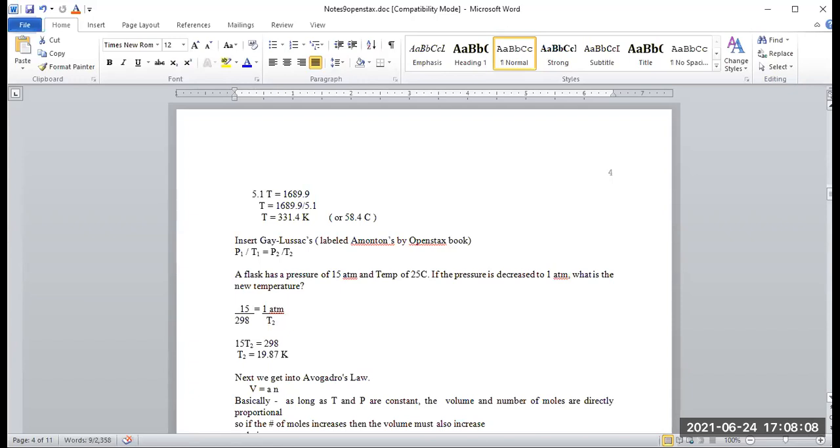That gave me 298. Do my cross multiply, do my final division, and I end up with a pretty tiny temperature in terms of Kelvin. I'm all the way down at 19.87 Kelvin. Okay, we're not down to absolute zero, but we're definitely deep space temperature.